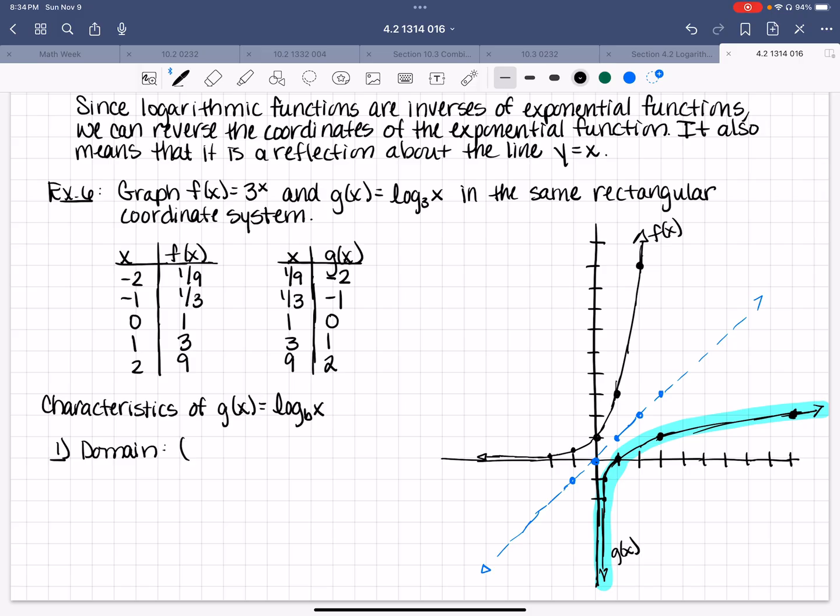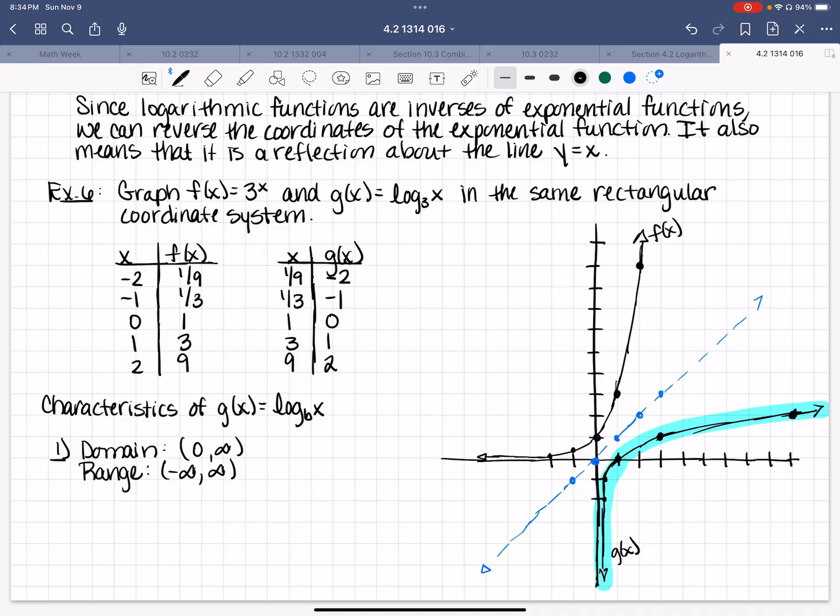That is going to be 0 to positive infinity. That range will be negative infinity to infinity, because it does keep going down forever, and although it's flattening, it will continue as x grows larger and larger.